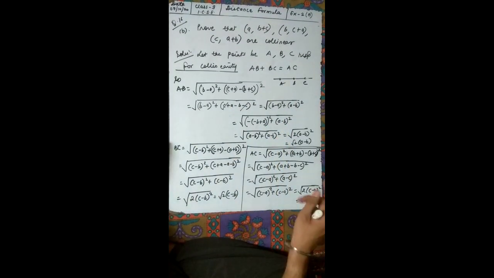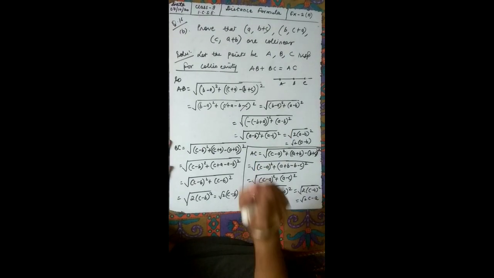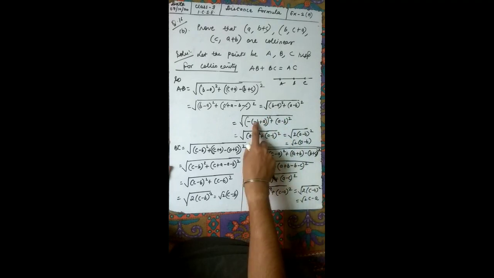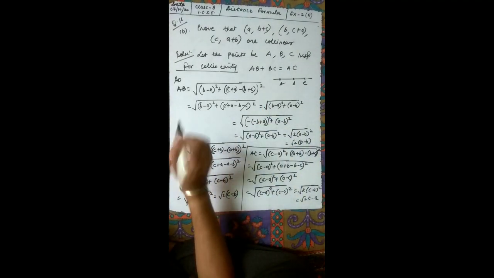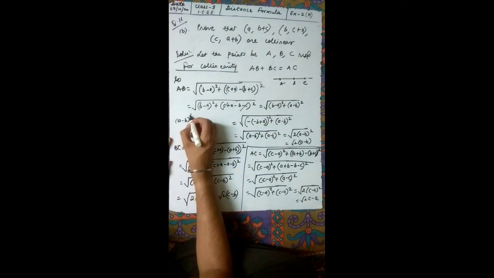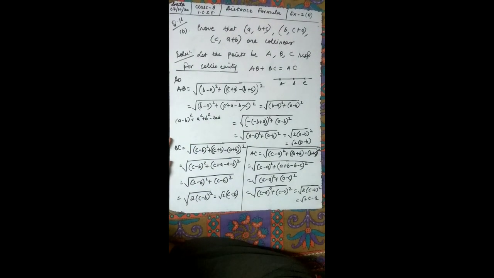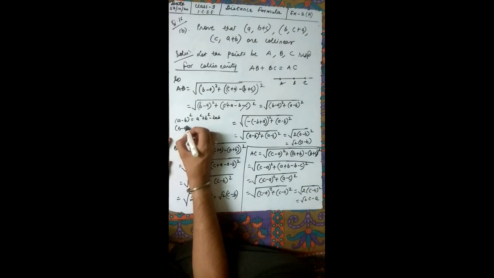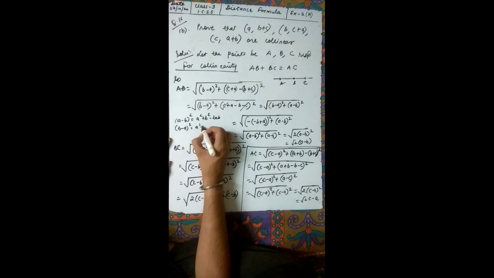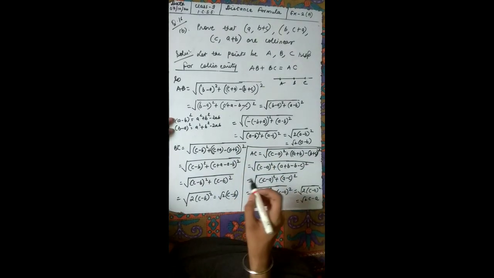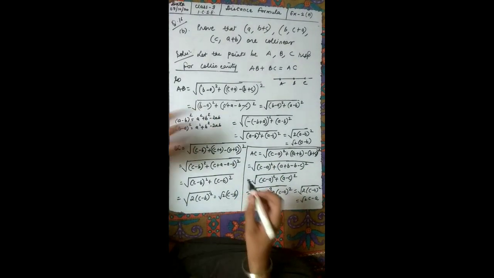Now please understand this. This is (b minus a) the whole square. If I do (a minus b) the whole square, I get a square plus b square minus 2ab. And if I do (b minus a) the whole square, I get the same a square plus b square minus 2ab. That means they both are the same, right?